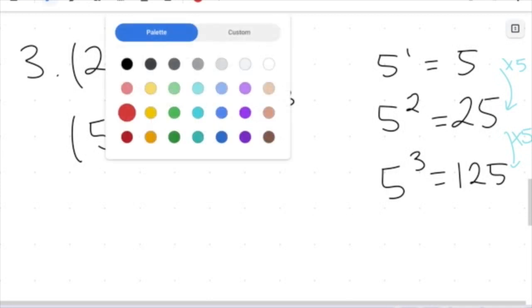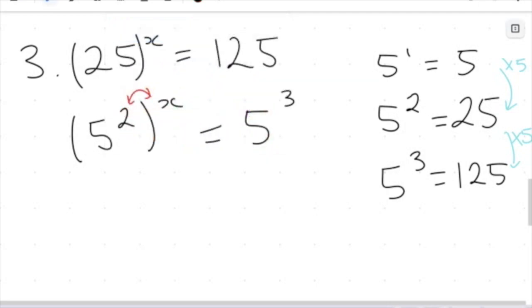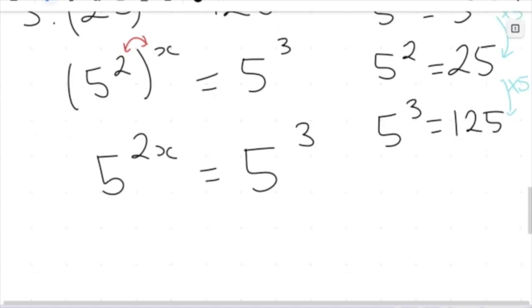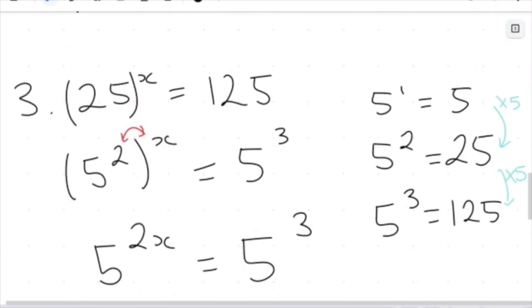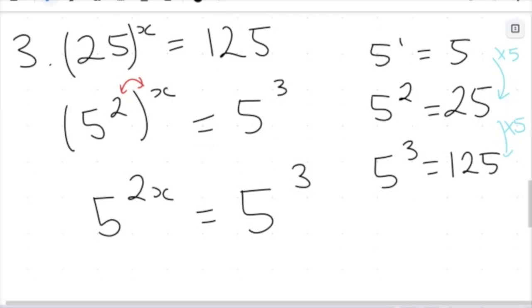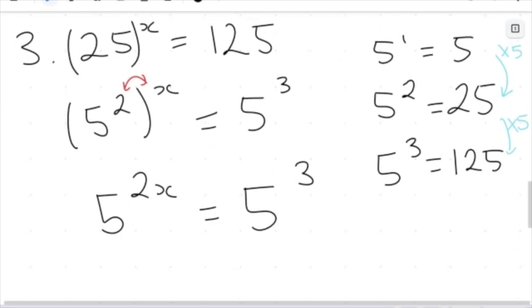When we take a power of a power, the two powers multiply. So I'm going to get 5 to the power of 2x equals 5 cubed. And now we have written both of these two terms on the left and right side of my equation with a common base of 5.